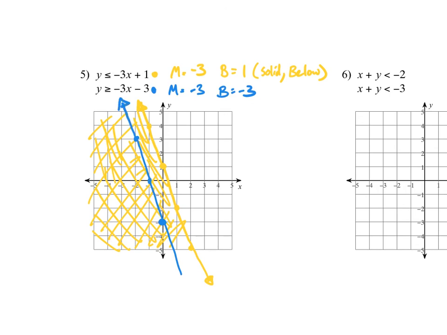What do you notice about the slopes here? They are the same. That means these lines are parallel. When we had regular equations, you would get a no solution answer. However, here, you shade, so there is going to be an answer, okay? Because at some point they're going to have to cover and cross each other out.